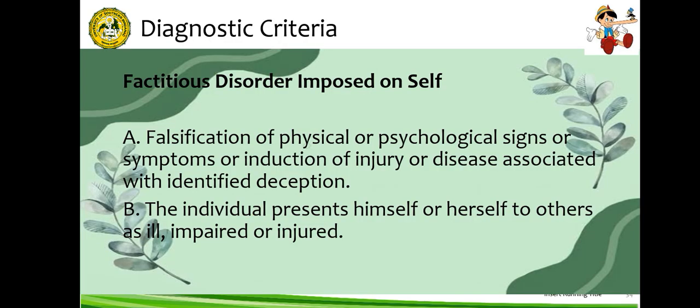So, the first type of factitious disorder, its diagnostic criteria: falsification of physical or psychological signs or symptoms, or induction of injury or disease associated with identified deception. The individual presents himself or herself to others as may sakit, impaired, or injured.